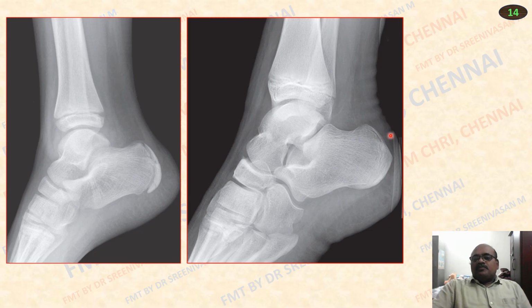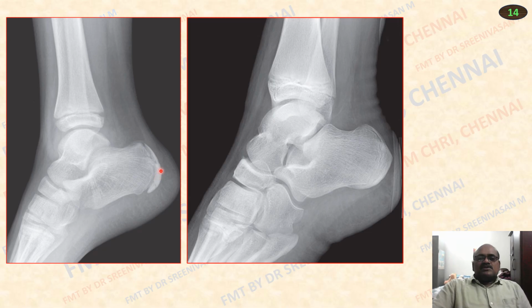Here also appeared, not fused. You can see somehow a thin radiolucent shadow in this area, right? Even if you see a minimal radiolucent shadow like this, you have to take it for exam purposes as not fused, right? Appeared, not fused. Above 6, less than 16 years.